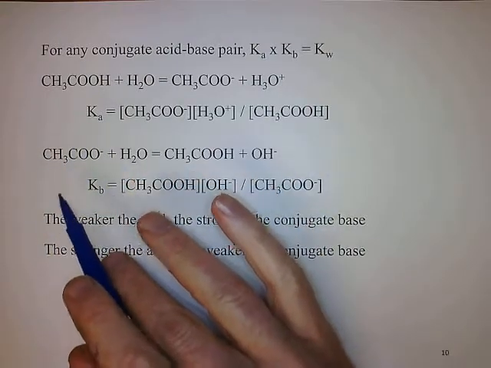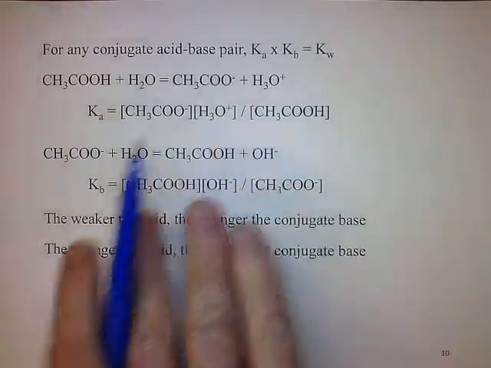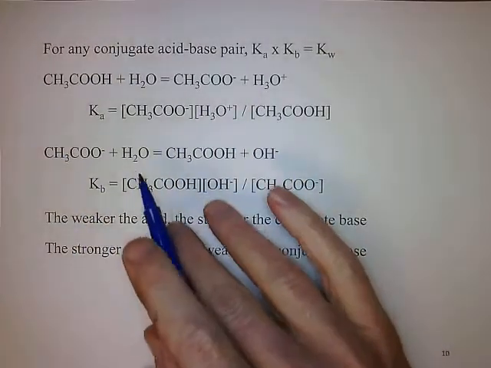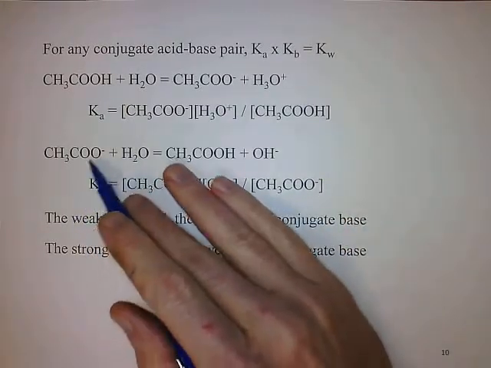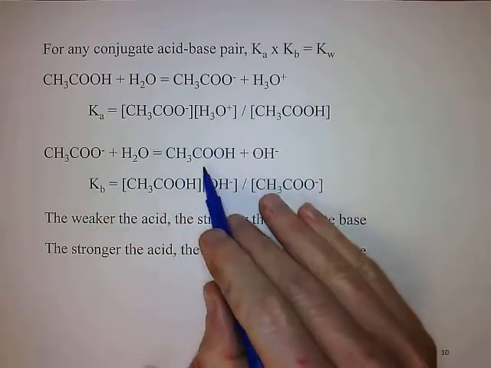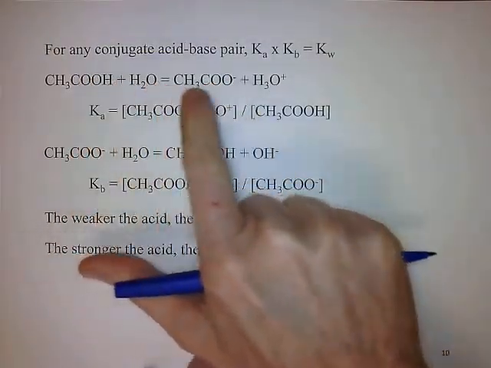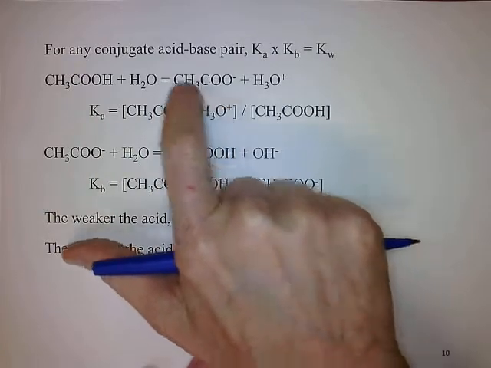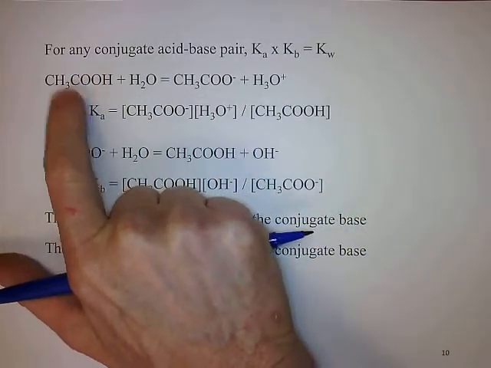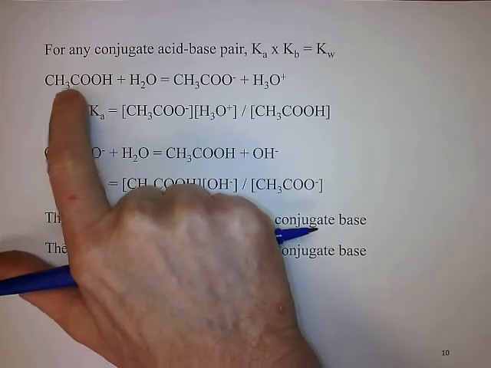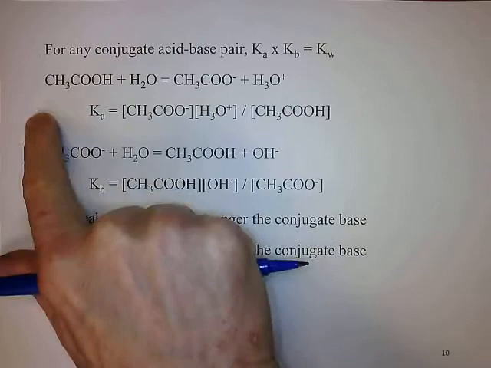Now, the acetate is a base. So what happens if we have some source of acetate, a neutral source of acetate ion like sodium acetate? It seeks to reestablish the equilibrium with acetic acid, because the dissociation of acetic acid favors acetic acid. You have probably 90-something plus percent in the form of acetic acid.